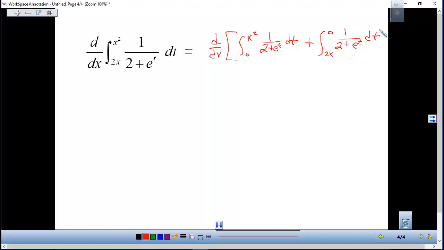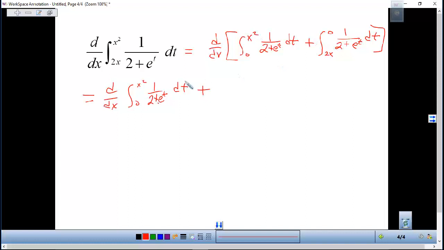But the thing is, now when we distribute and take the derivative of each individual part here, we're going to have d/dx of this thing, 0 to x squared of 1 over 2 plus e to the t dt, plus, now right here we can notice that our bounds are not the same.